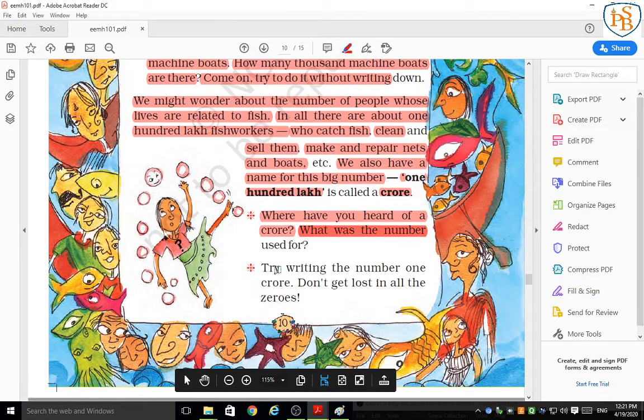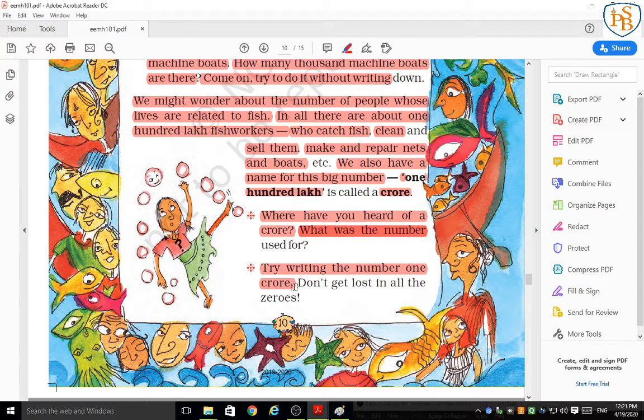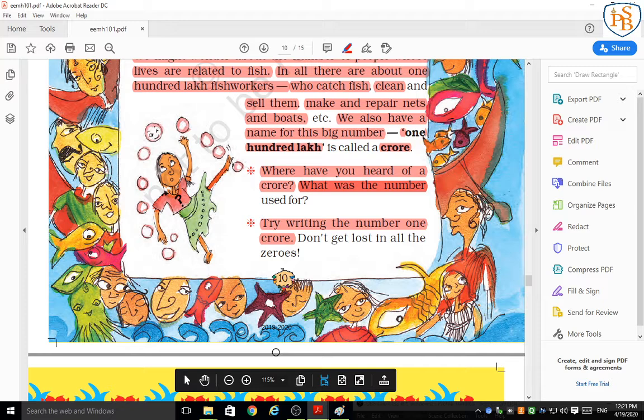Then next, try writing the number 1 crore. Okay, now students, again open your notebook and try to write the number crore. Don't get lost in all the zeros.